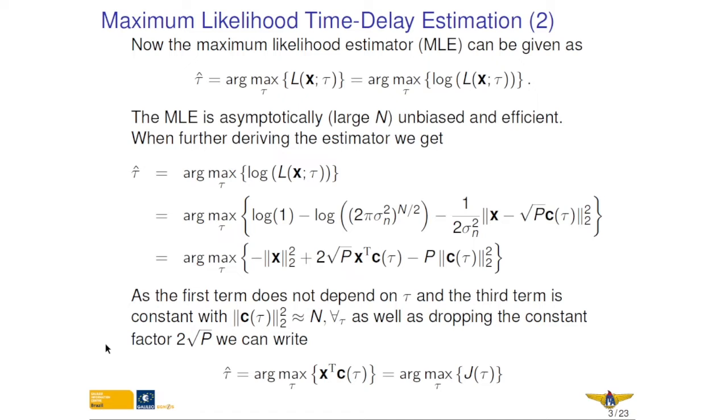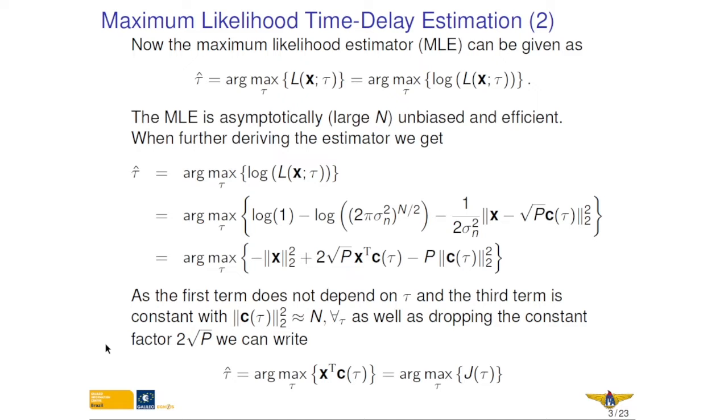And then we end up here with minus the L2 norm squared of x, plus 2 times square root of p times x transpose c of tau, minus p times the L2 norm squared of the code sequence. And as we discussed before, this L2 norm squared of the PRN sequence is approximately N. So this is also constant, and we can forget about this.